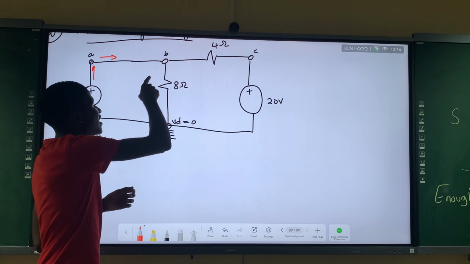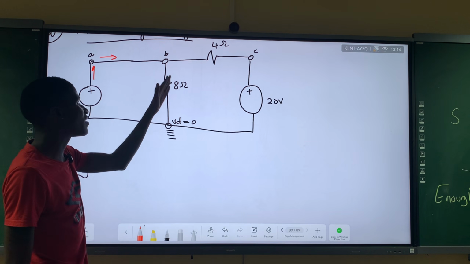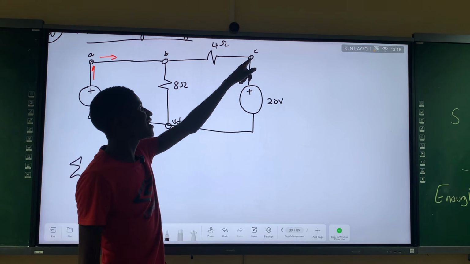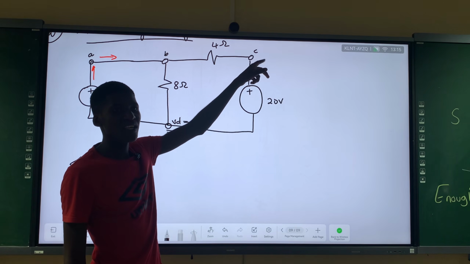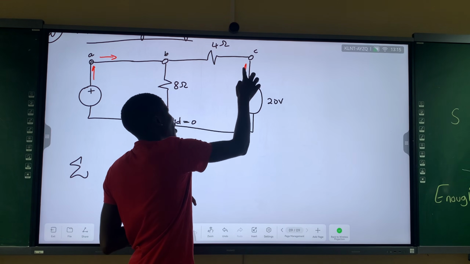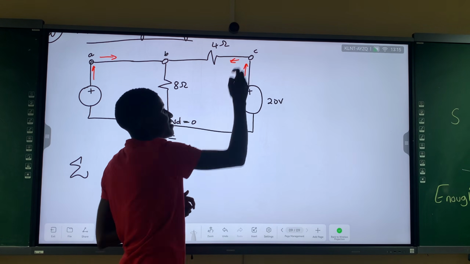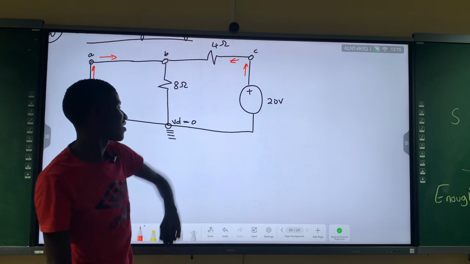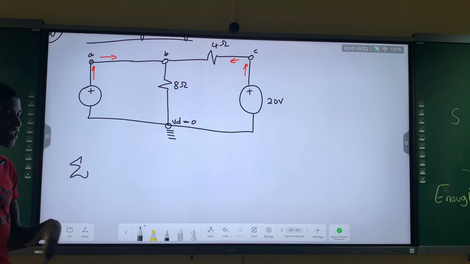Loop B is affected because it has a resistor on either side. But loop C, is it going to be affected in any way? No, because the same current in loop C is the same current that leaves the loop. So let's look at each and every node here.